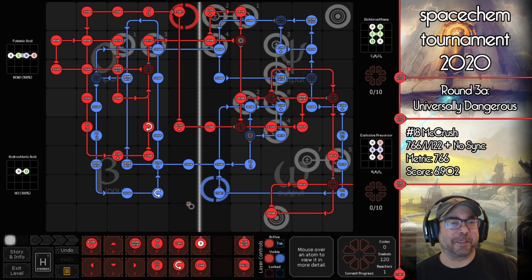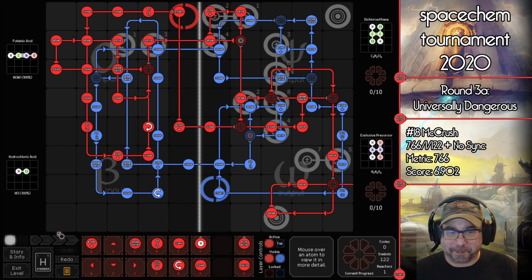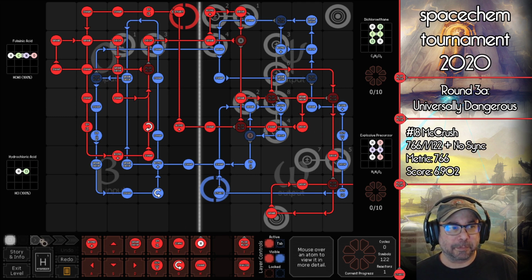So McCrush's solution has a blue, oh sorry, there's a red flip flop on the right side. This one? Yes. He doesn't actually need output loops. Yeah, he doesn't need that or the arrow. That's the last extra arrow. Right.